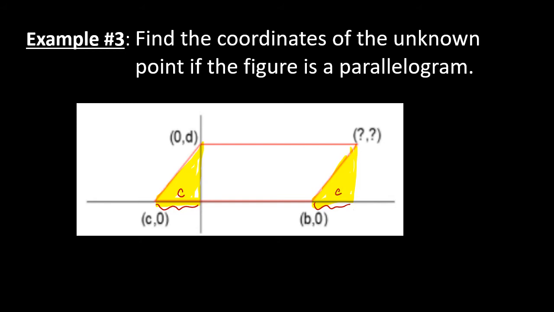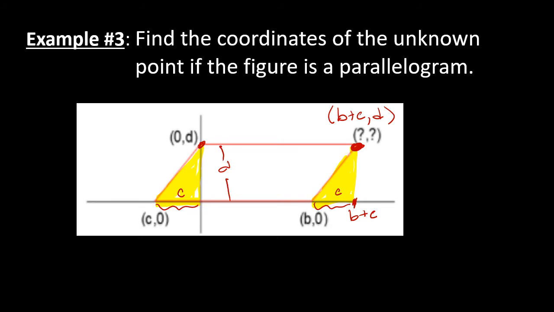So if I think about what this coordinate is here, I went over b plus c to get to that coordinate. So when I think of the point up here on the top right, I am going over b plus c. And then when I look at this coordinate, this d tells me that this vertical distance right here is d. So I'm going up d to get to that point.